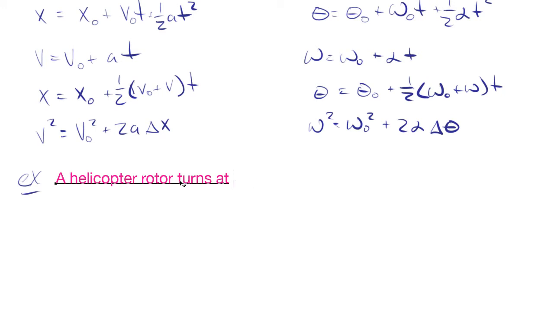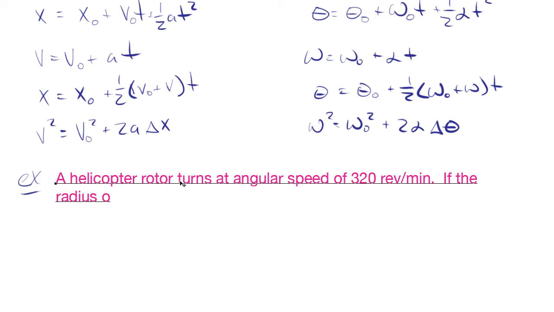Angular speed of 320 revolutions per minute. If the radius of the rotor is 2 meters, I want to know what arc length is traced out by the rotor over the course of 300 seconds.